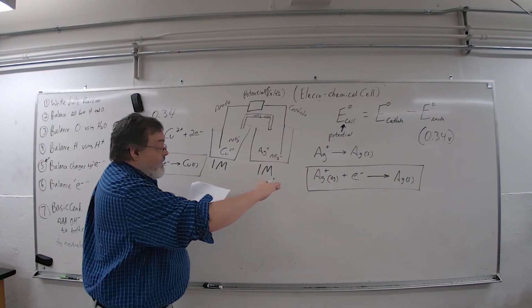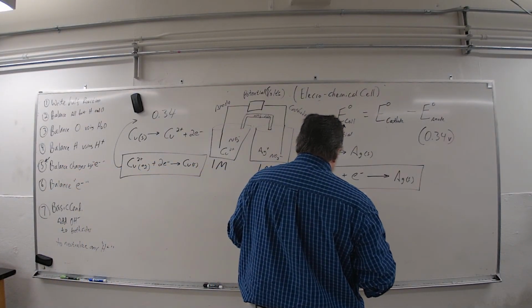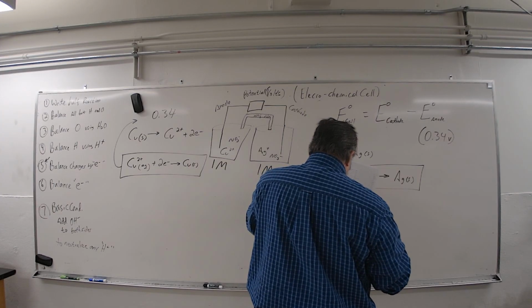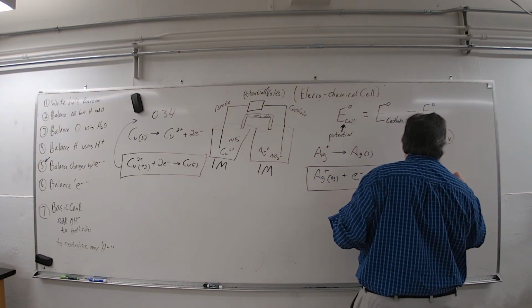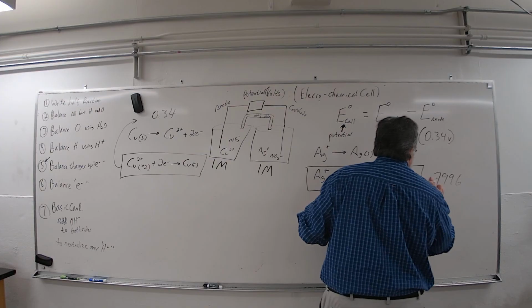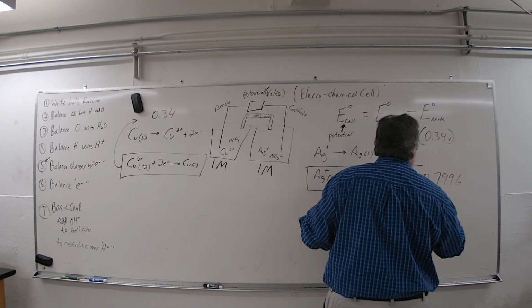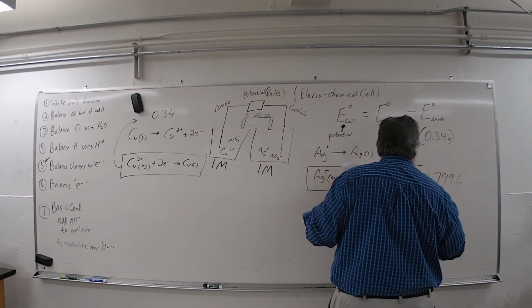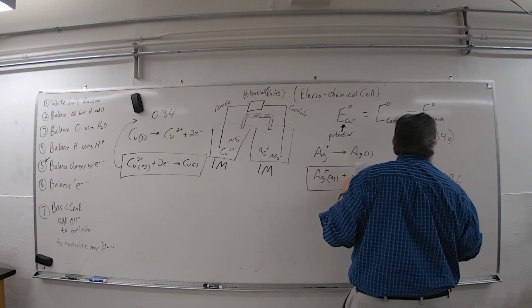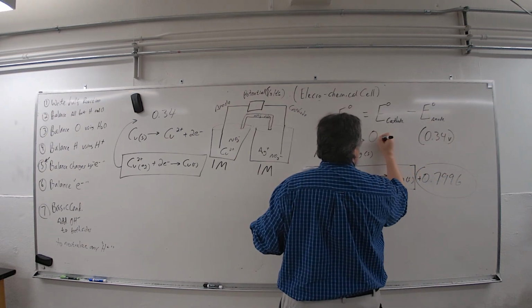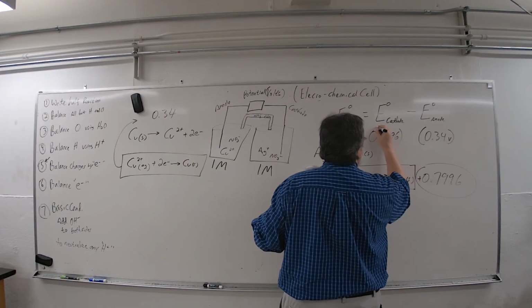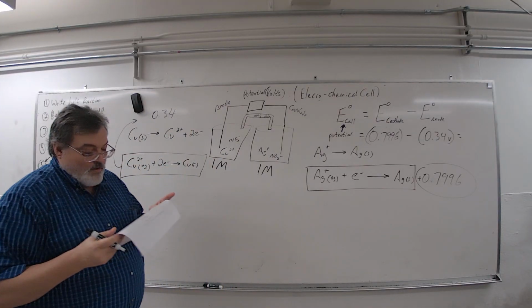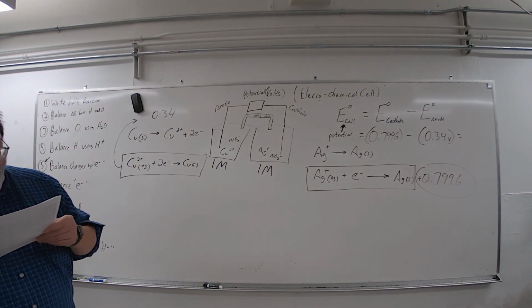And then the cathode, what's here for this one, Ag, there we go, plus. So you just look those up and plug them in. Again, a very long-winded way of showing you something that's actually very simple.